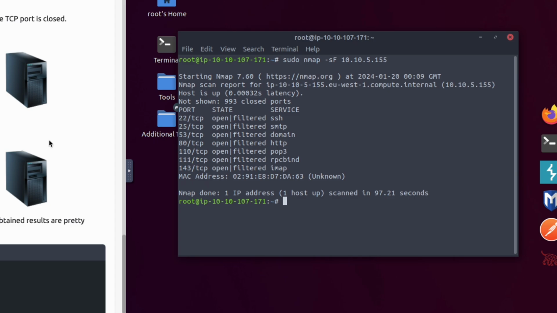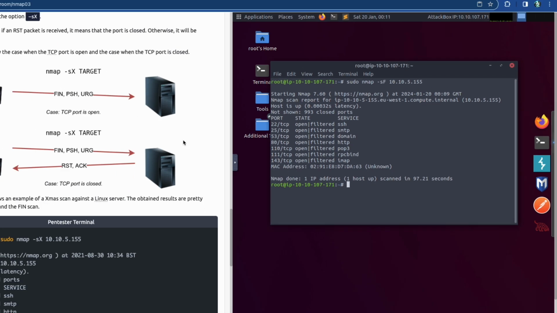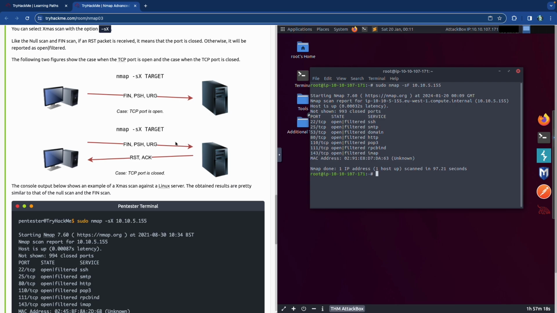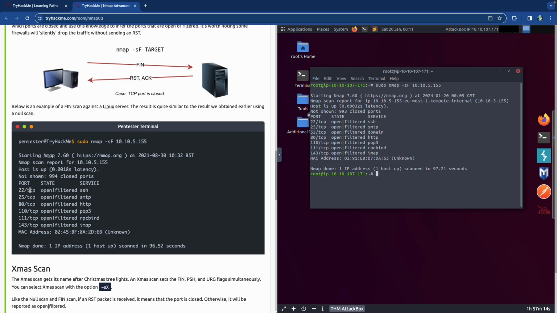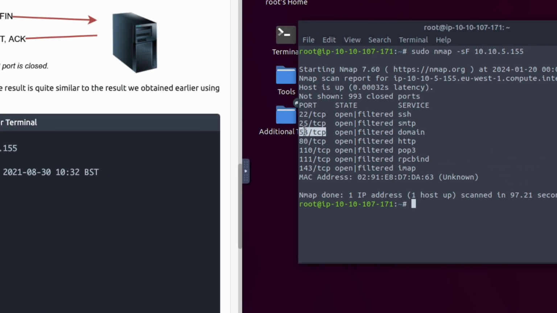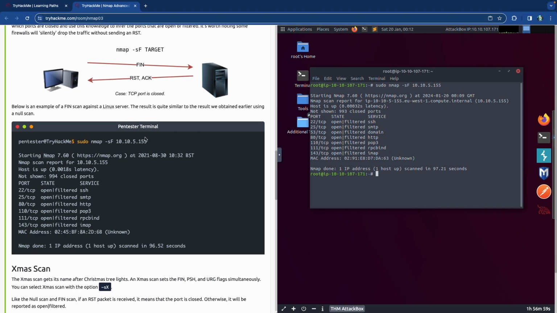Based on what they ran, if we zoom back out real quick, they did a FIN scan, which is right here. So they had 22, 25, 80, 110, 111, and 143. Ours has a DNS port that's open, the domain port, or supposedly it's open, right? So there's that.